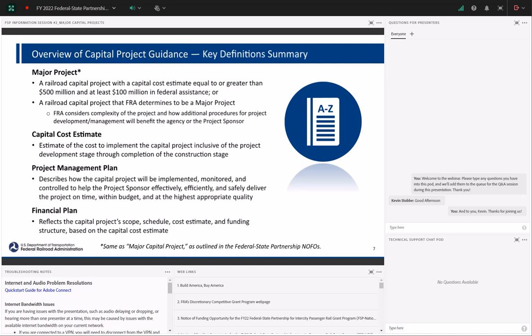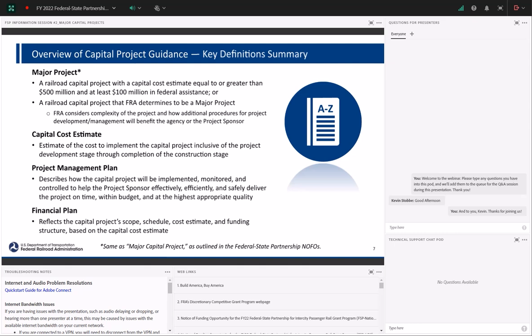Alternatively, FRA does reserve the right to apply the definition of a major project to a project based on the complexity or the relationships that have to be brought together to help the project succeed. So this is not a punitive action, but more so, again, trying to get the projects to success.